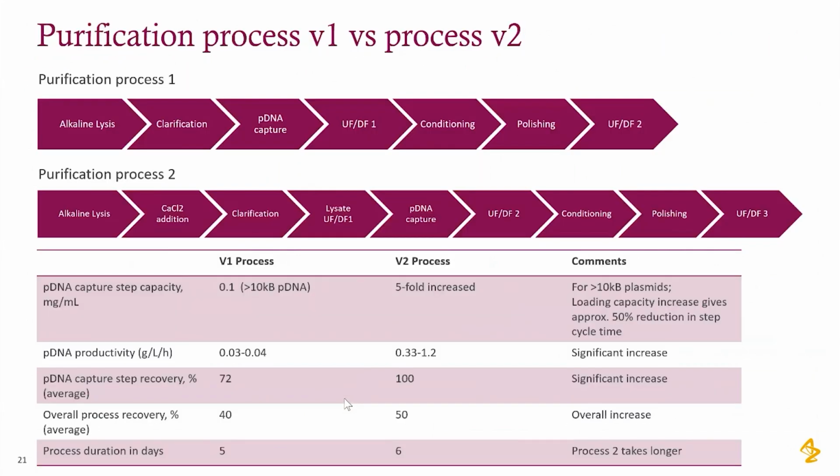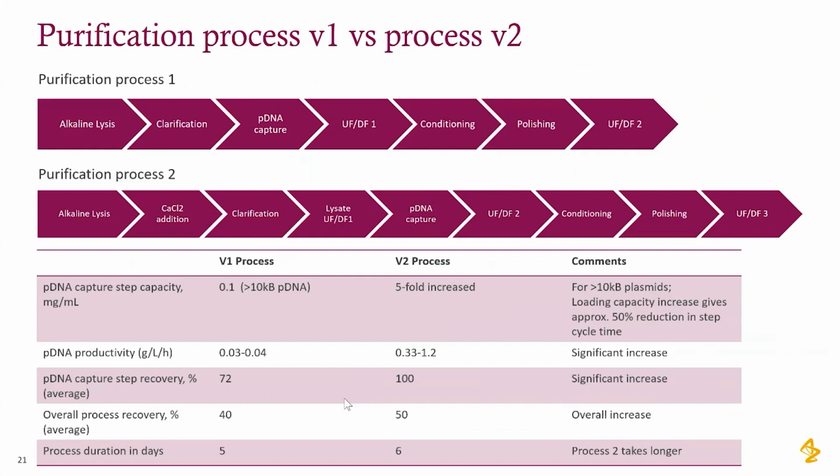So now, just a quick comparison between those two processes, version 1 and version 2. You can see both processes in the slides, what steps we do that we just discussed. So we significantly improved the plasmid DNA capture step capacity, which was previously a big bottleneck for us.